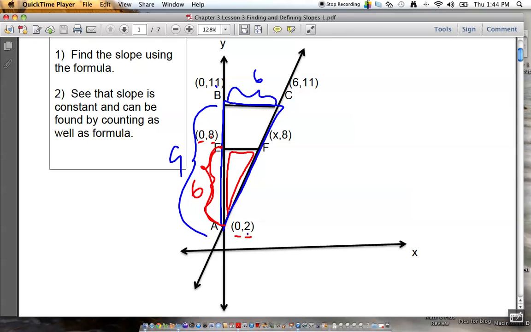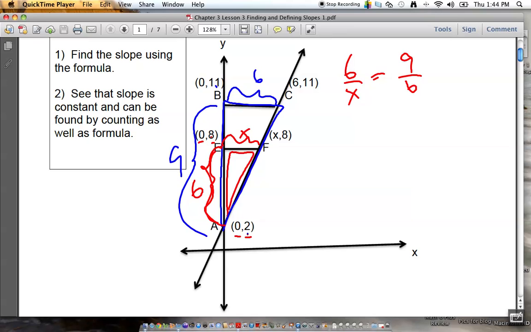And then on the red one, I went from (0, 8) to (x, 8). So how far did I go? x. I don't know how far I went. But what I can say is that the ratio of this slope to this slope, the change in y, 6, over x, has to be equal to this slope here, because the straight lines have the same slope, 9 over 6.